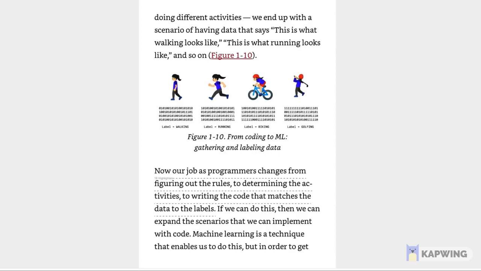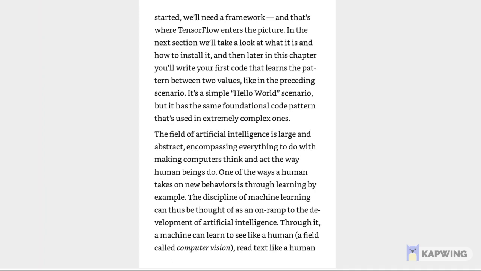So now we know the answers, we know the labels, we have the data. All we need to do is write the code that matches the data to the labels. Machine learning is a technique that enables us to do this, but in order to get started, first we need a framework. That framework is where TensorFlow comes into the picture.